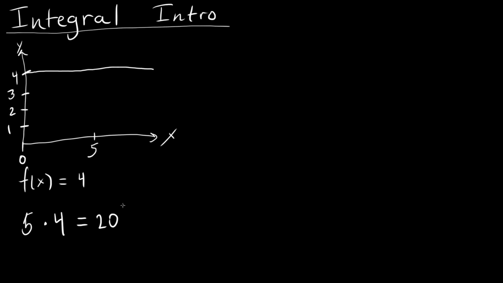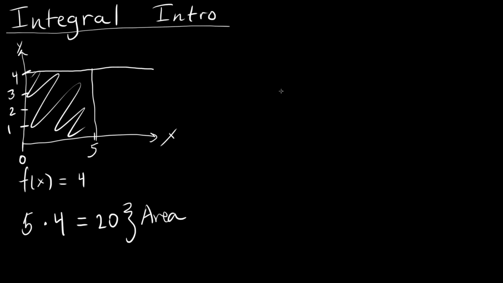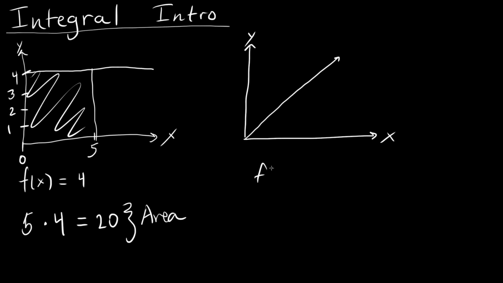So this one is pretty trivial, but now let's do another one. Now let's say that our function is f of x equals x. So 1, 2, 3, and then 1, 2, and then 3.